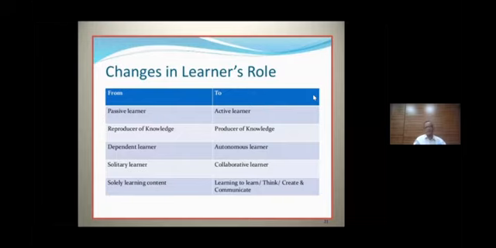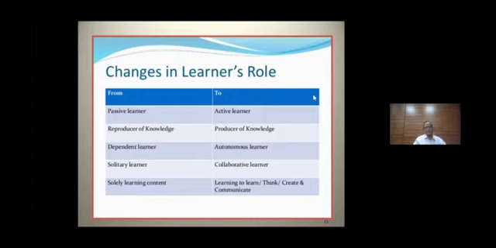A reproducer of knowledge was expected from the student earlier. Now the future students must be producers of knowledge. Then only they'll be in a position to do research and solve problems. The live problems in society must be solved by the students. They must be in a position to produce knowledge. Then only they can solve.